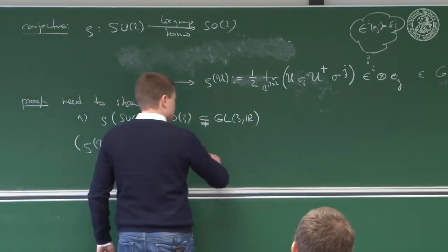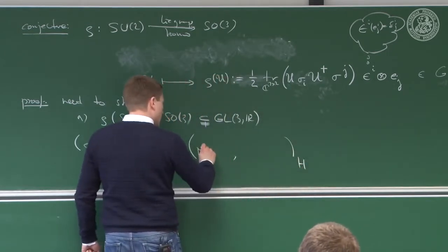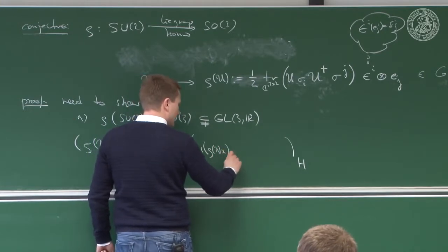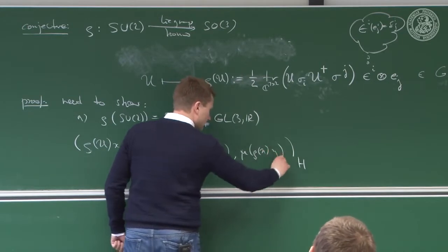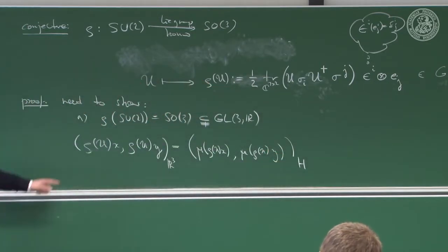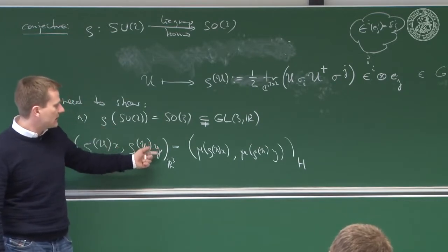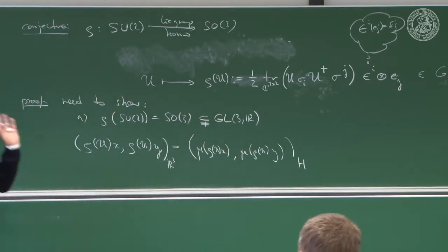So I know that this is the same as an inner product on H once I apply the mu to it. Agree? Because we had this thing, the inner product of mu something else is the inner product on H. Sorry, without the mu, then apply the mu. Okay, we just proved this.